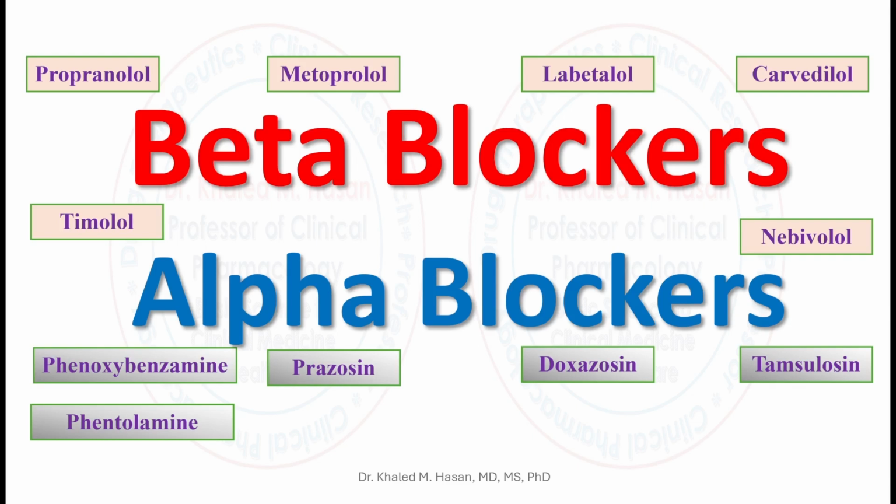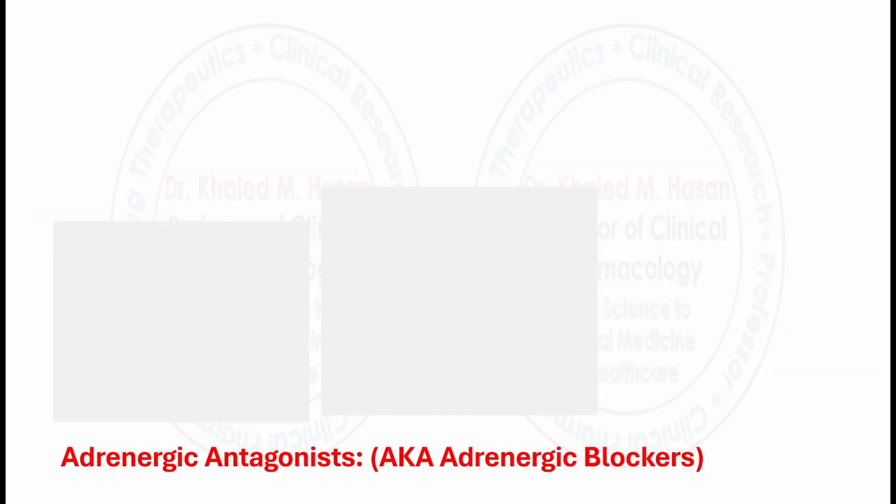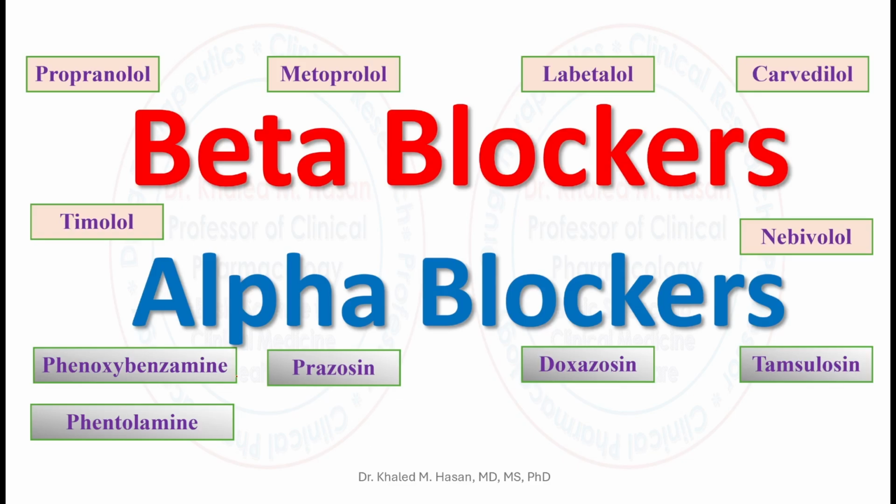So from this slide, we have a different approach. Phenoxybenzamine and phentolamine block alpha 1 and alpha 2 receptors. Prazosin mainly blocks alpha 1 receptor. Doxazosin blocks alpha 1 receptor.